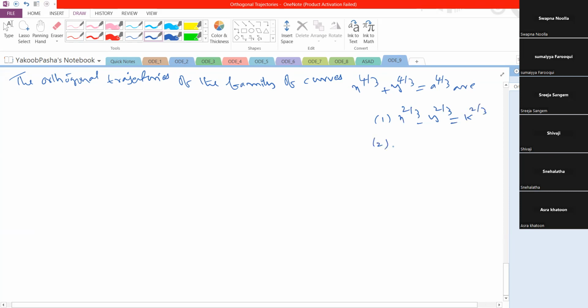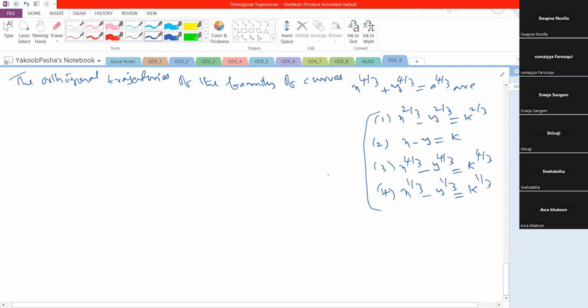Second option, x minus y is equal to k, and third option, x power 4 by 3 minus y power 4 by 3 is equal to k power 4 by 3. And fourth option, x power 1 by 3 minus y power 1 by 3 is equal to k power 1 by 3. That is four options.